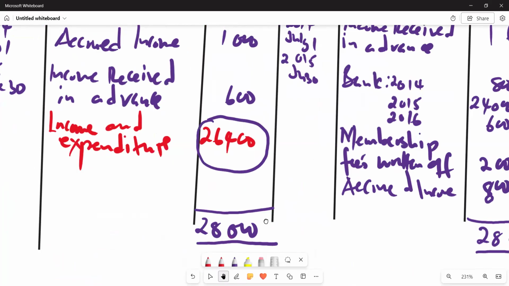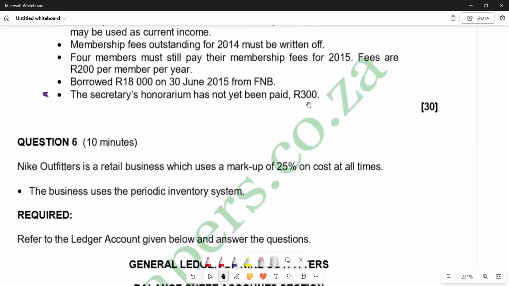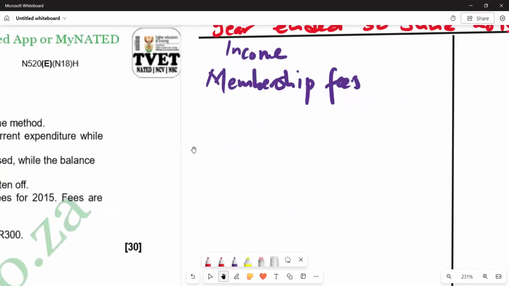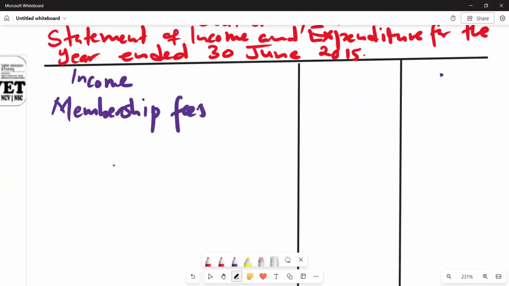We are just going to enter that amount in our income and expenditure account under income. We put it in the first column, where we are going to list all the incomes, and the total will go to the next column. So membership fees: 26,400. That's the figure that we have.